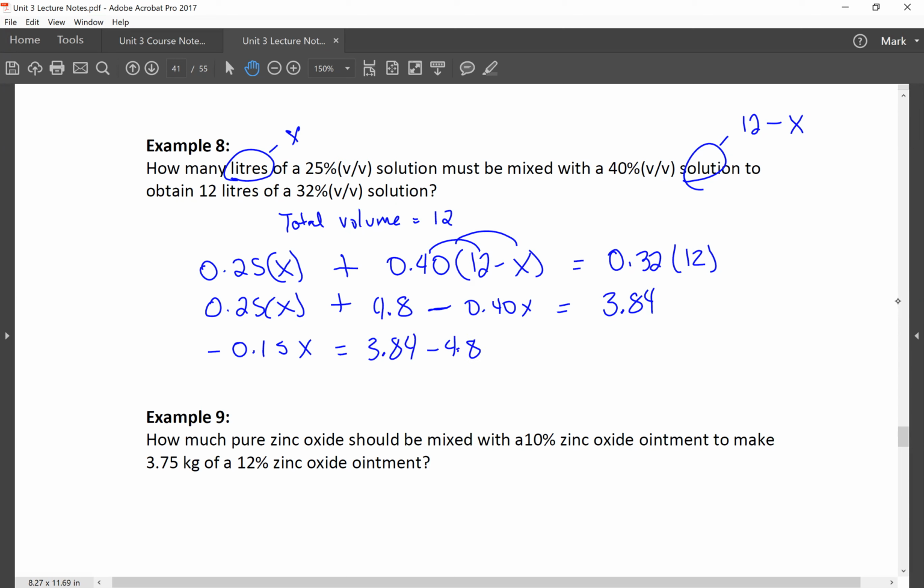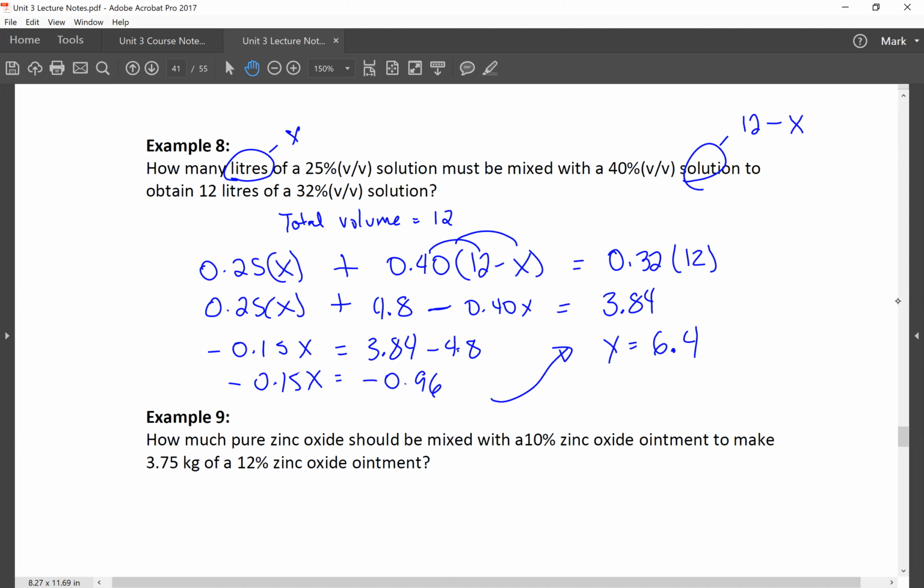So finally, and I'm doing all the steps here. You guys do not need to show me all these steps, but I'm just going nice and slow for our first question today. It's negative 0.96. So finally, x will be that divided by 0.15, so I end up getting 6.4.